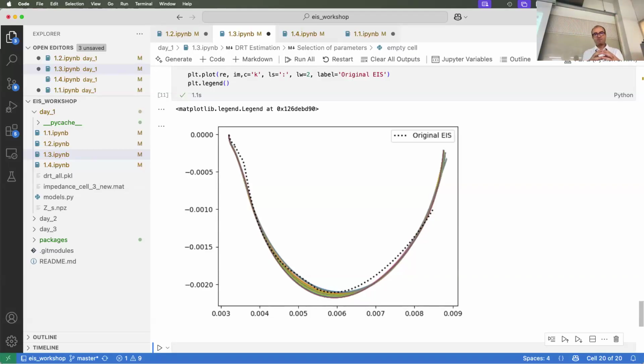So what I did is I started from the dotted lines, generated a lot of DRTs with different parameters, and from these DRTs I wanted to go back, and I was unable. So more or less, one can say that none of those DRT curves closely represent the ice results.